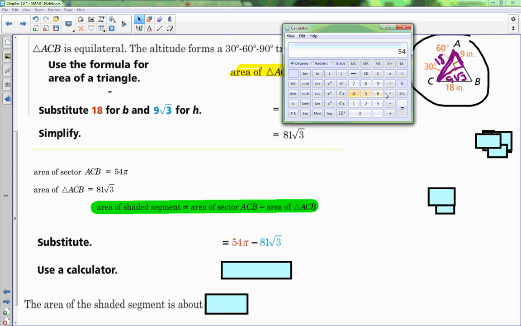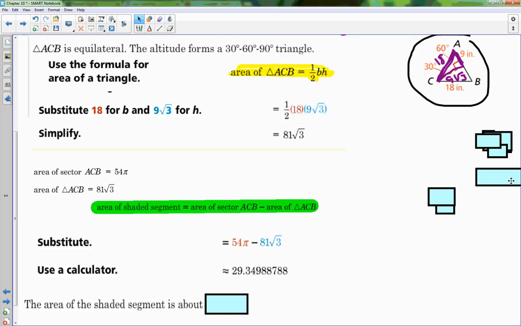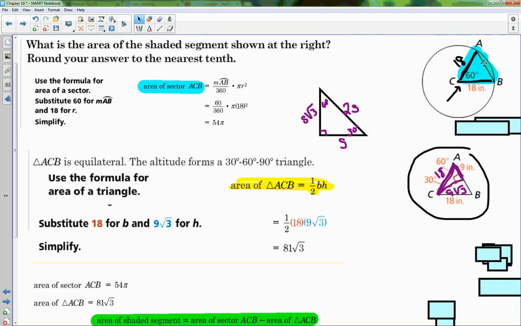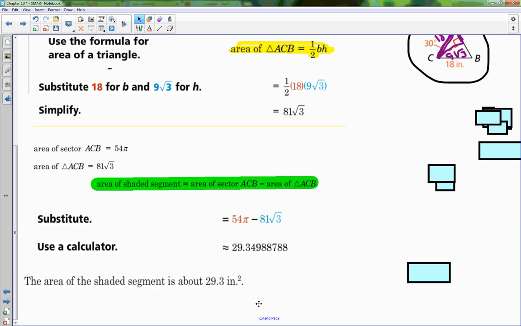So we got 54 times pi minus, I'll put this in parentheses, 81 times square root of 3 equals 29.349. So the area of the shaded segment, just this little sliver, is 29.3 square inches.